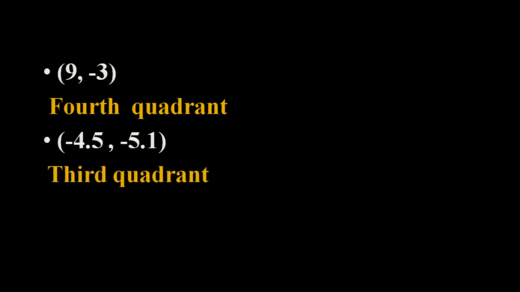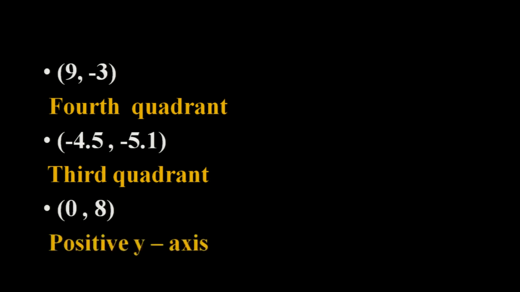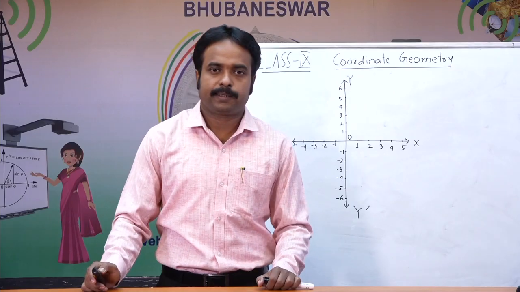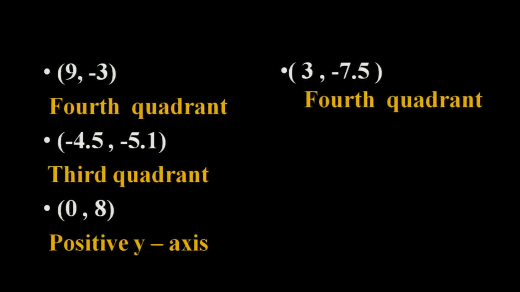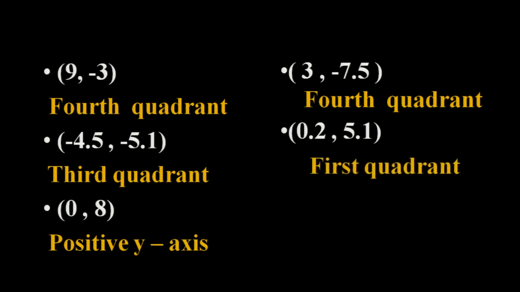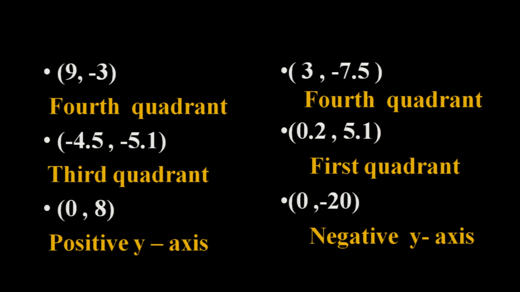This is the fourth quadrant. 0, 8, this is the positive y-axis. 3, minus 7.5, this is the fourth quadrant. And 0.2, 5.1, both are positive, therefore this is the first quadrant. And 0, minus 20, as the x component is 0, this is lying on the negative y-axis.